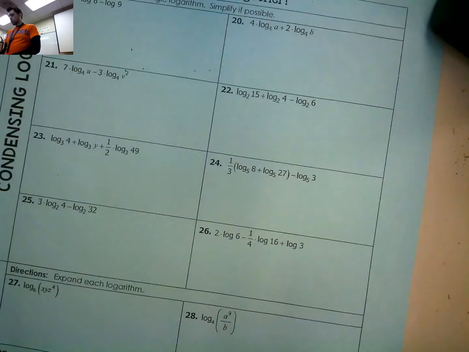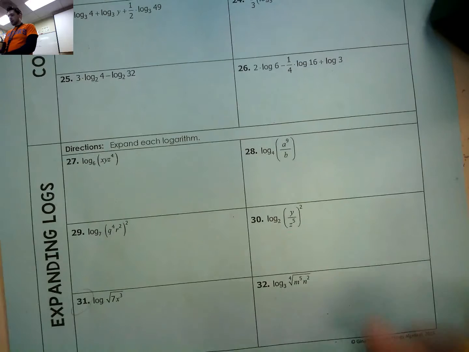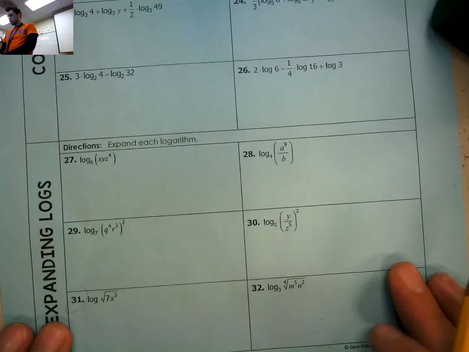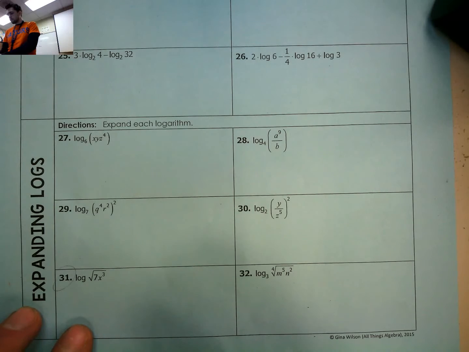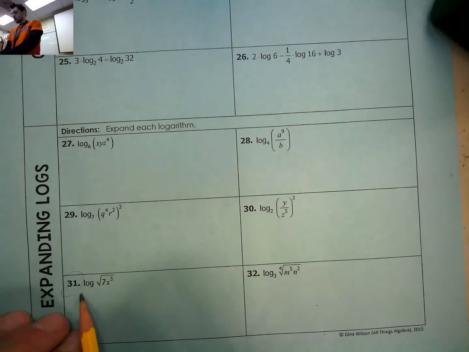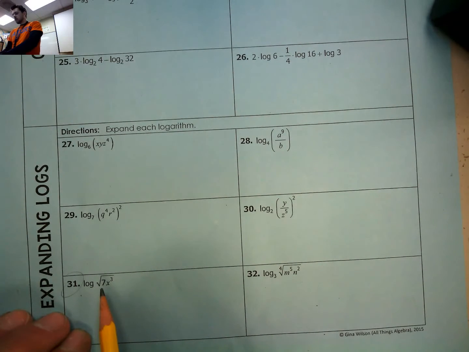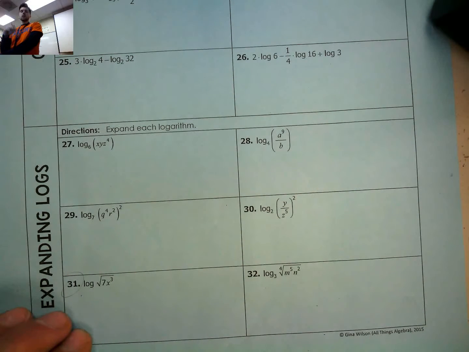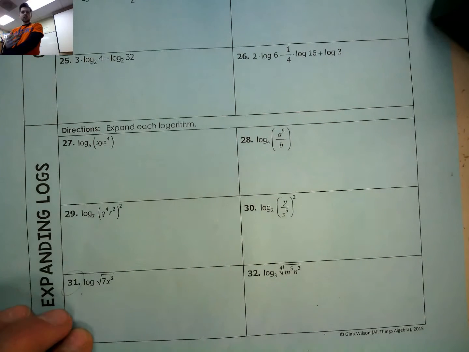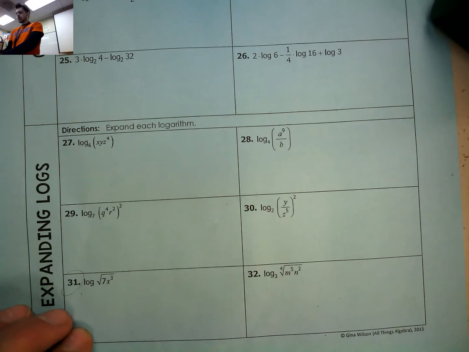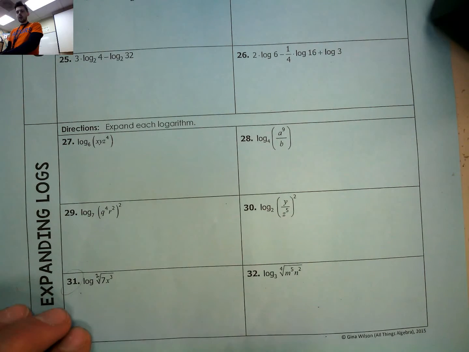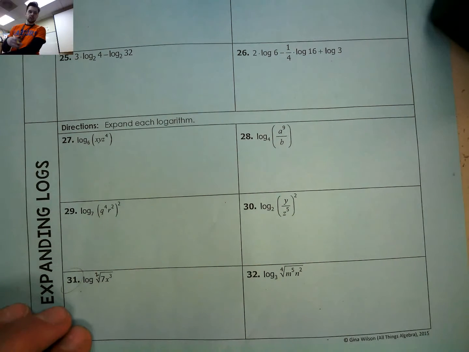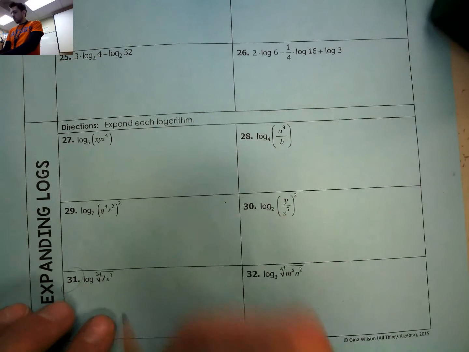All right, let's go on the back where we use more than one of the rules together. I want to do number 31 because it's kind of cool. It's small, but it's got some stuff going on in there. All right, first, log square root of 7 times x to the 3rd. Well, just like the 1/3 on the previous problem, the 1/3 can turn into a third root. It works both ways. A square root has a hidden 2 here, because we don't usually write it, as we assume square root means square root.